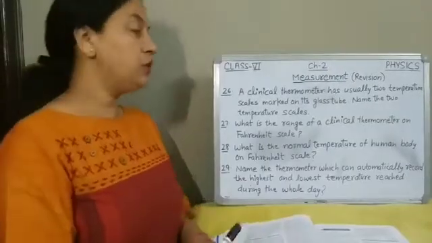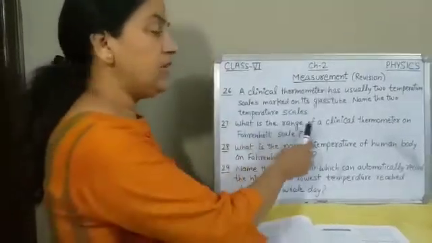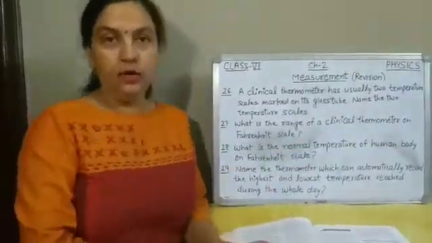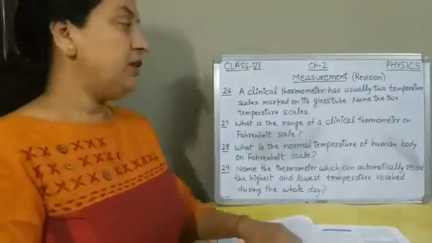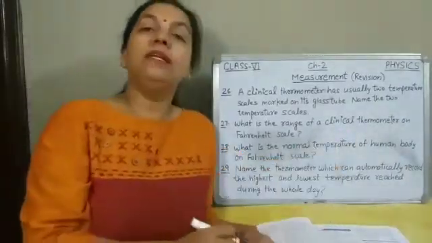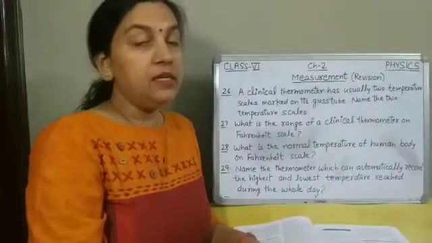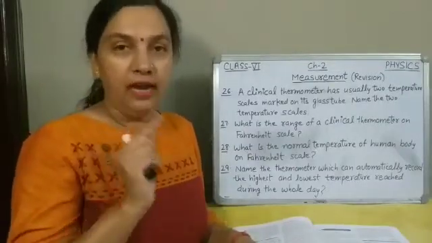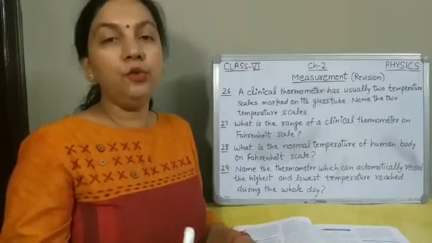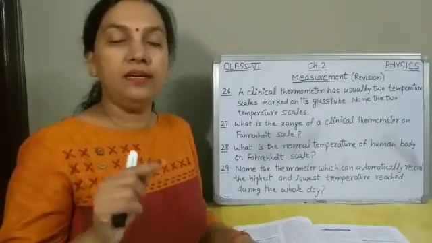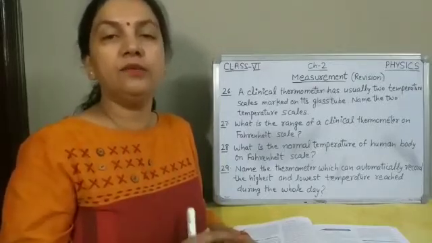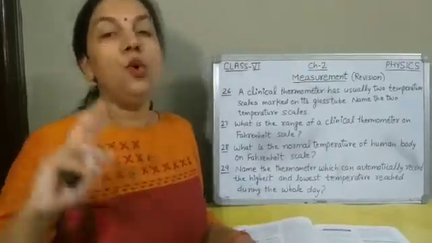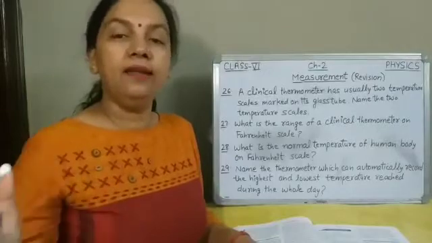Our next question is, what is the range of a clinical thermometer on Fahrenheit scale? A clinical thermometer indicates temperature from a minimum of 98 degree Fahrenheit to a maximum of 108 degree Fahrenheit.